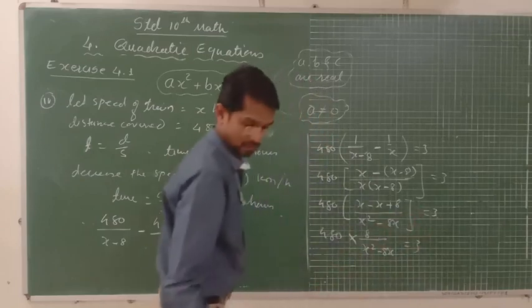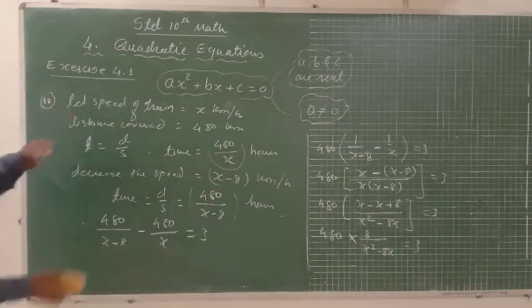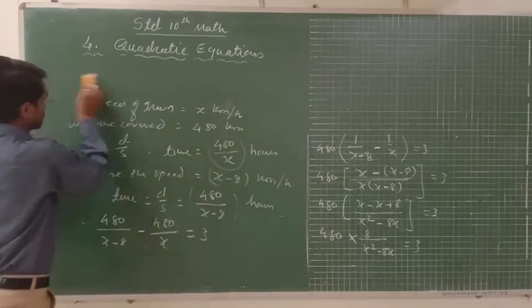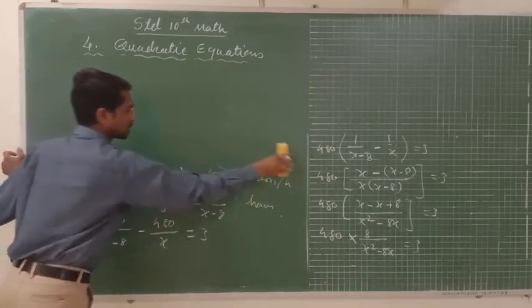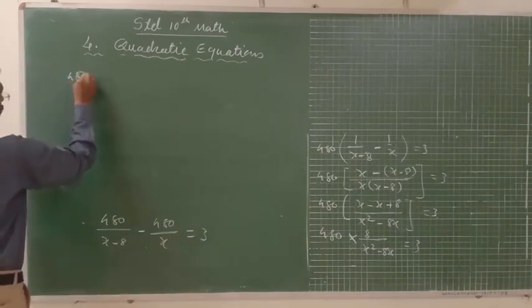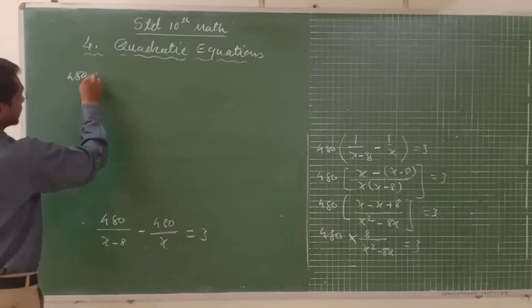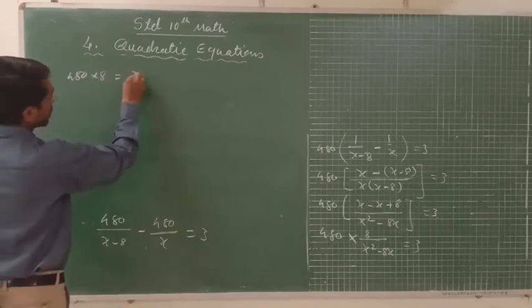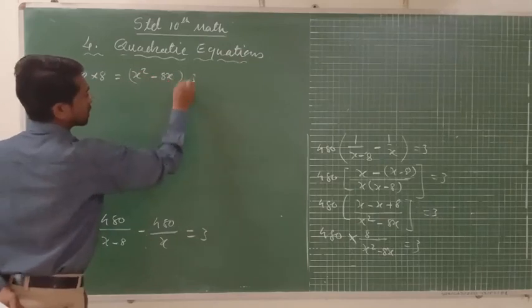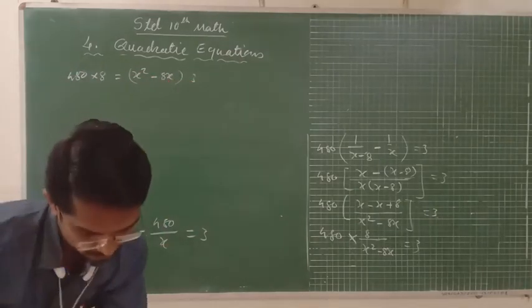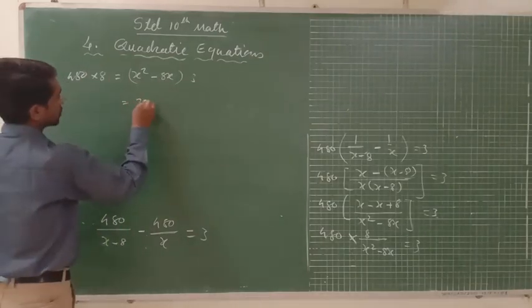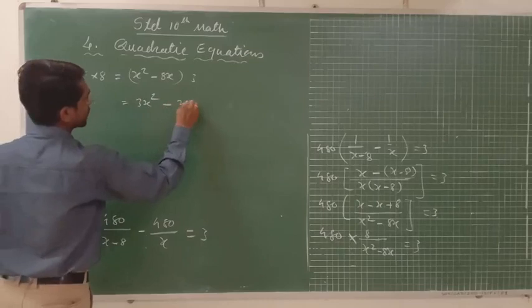Transpose here. Then 480 into 8 is equal to x square minus 8x into 3. Solve this one: it is 3x square minus 24x.